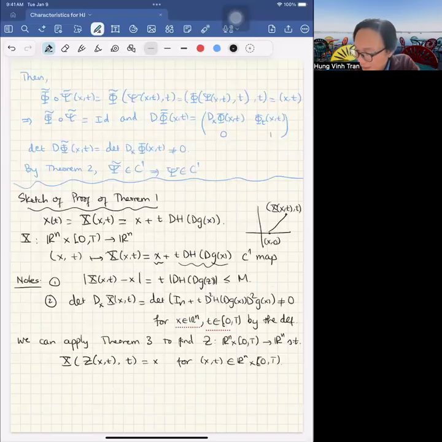So what does it mean? This is x of z(x,t), t at t equals x. So maybe let me draw a picture here. Now it becomes very clear. This is x_t.